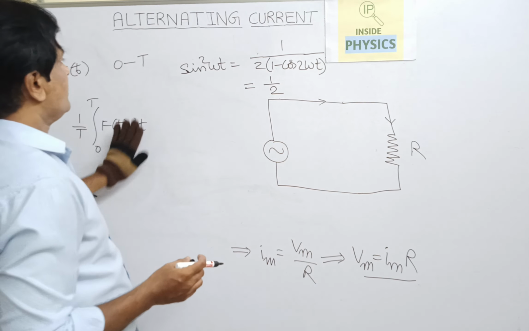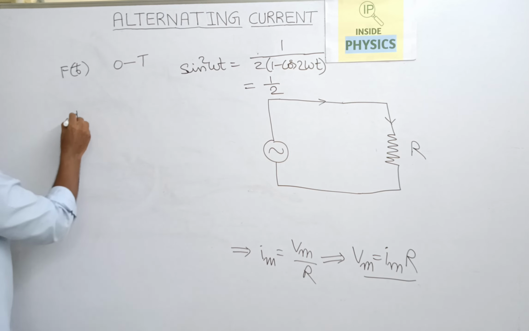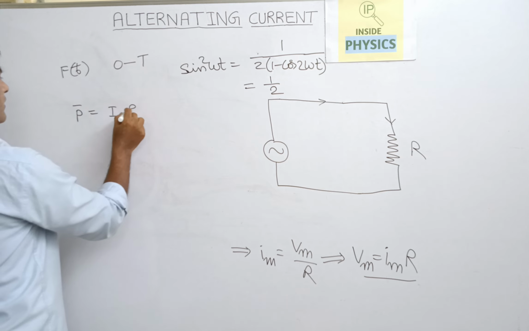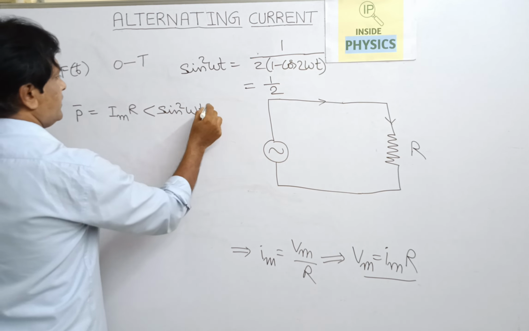So here, what is the power? We have written average power as I m r into the average of sin square omega t.